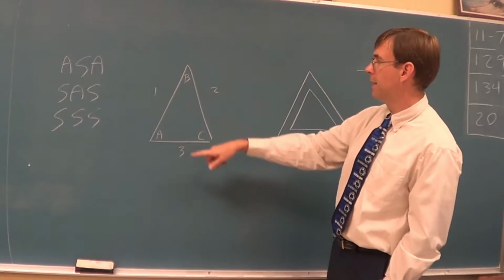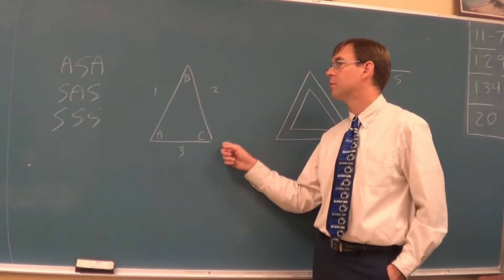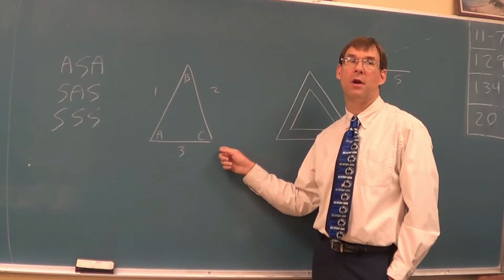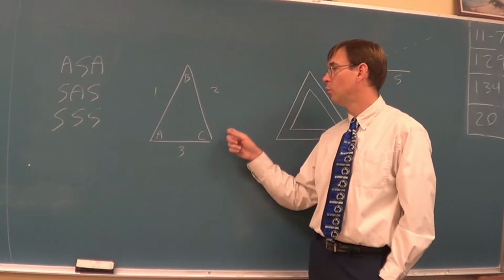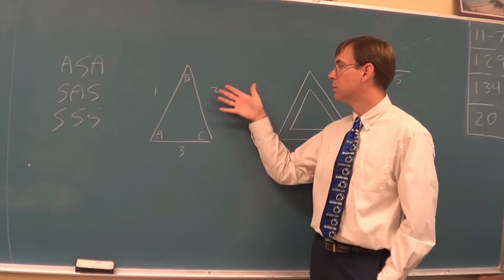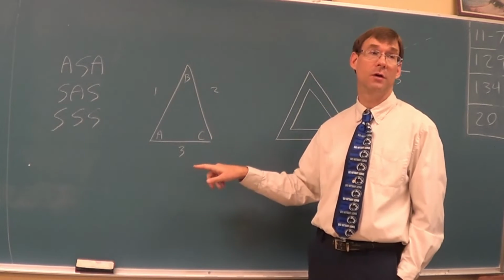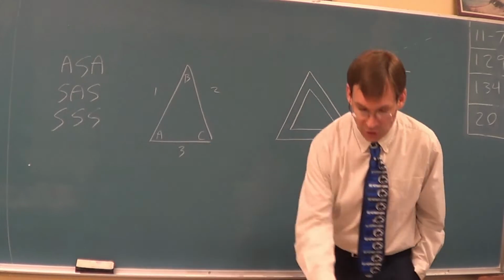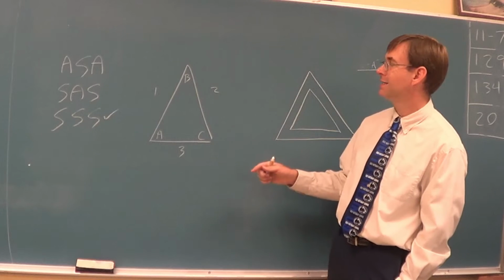So here I've got A, B, C, and 1, 2, 3. Which items would I talk to you about if I wanted to talk about an SSS kind of triangle? Which items? 1, 2, and 3, because the S stands for side. So if I'm talking SSS, I'm talking about side, side, side.